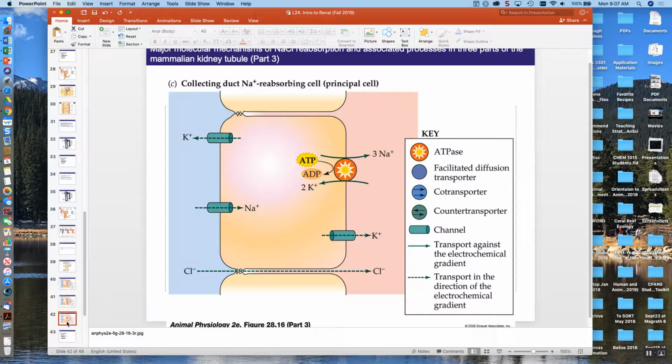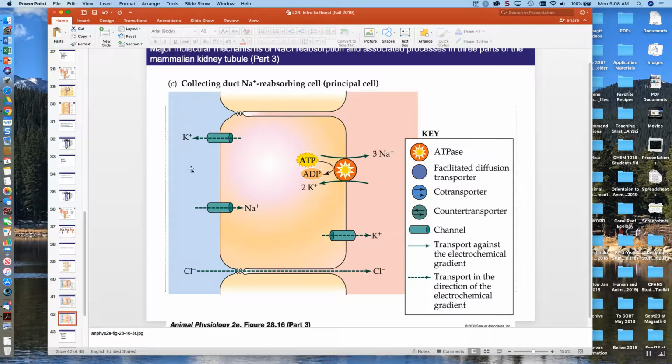All right, so what we're going to do is blow up this area right here and look at the epithelial cells that line this particular part of the nephron. We're talking about the collecting duct now. Okay, pretty good so far? All right, so going back, here's the collecting duct. These are sodium reabsorbing cells, also called principal cells.